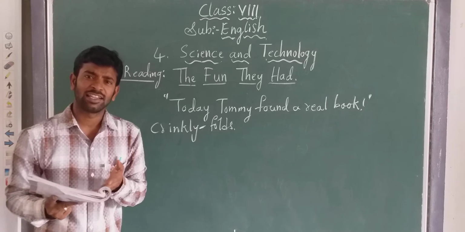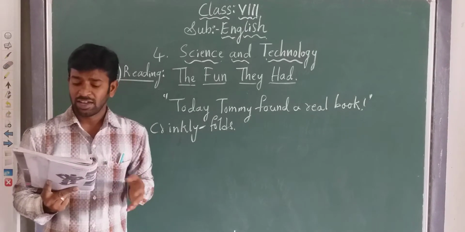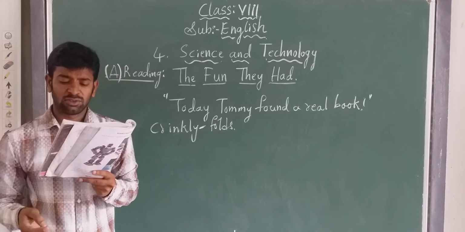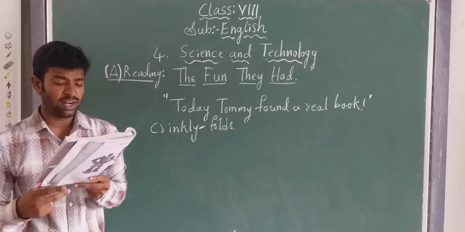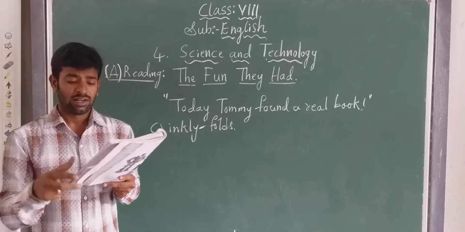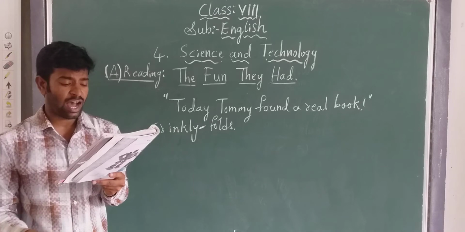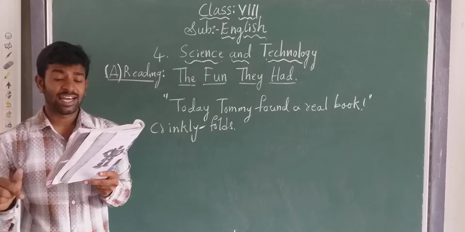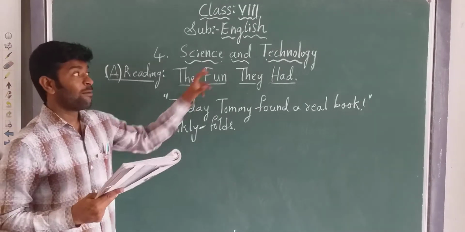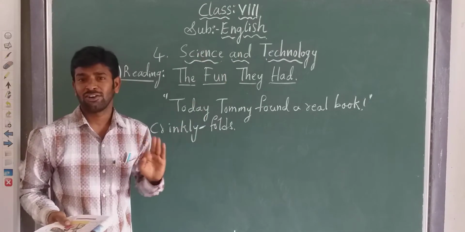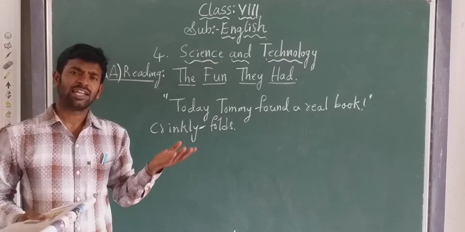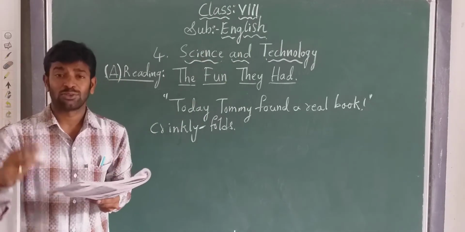That's why the boy is telling that it was very bad. "When you're through with the book, you just throw it away." After reading the book, you just throw the book away. "I guess our television has a million books on it, and it's the latest thing." We are talking about science and technology now, so nowadays we are using technology. So the boy is telling that to throw the book away.